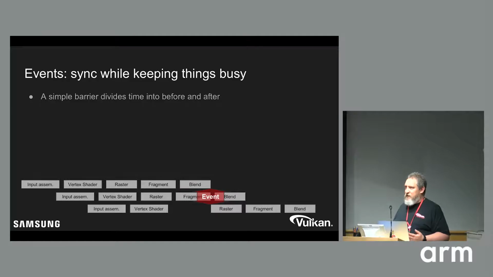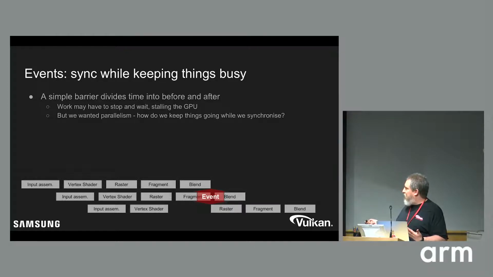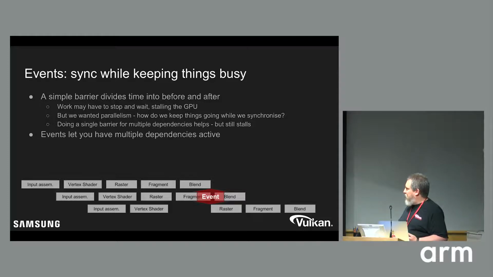The only problem with them is that we've said that GPUs are parallel and we want to keep them parallel. If we're making the pipeline block at a given point, then that's removing parallelism. Everything is stopping. So there are also events in APIs like Vulkan. Because we don't want to stall everything, and we do want to keep things going in parallel, what we would like is to have a way of having this work running while we're potentially doing the wait between the results of the first block of work and the thing that needs it down here.